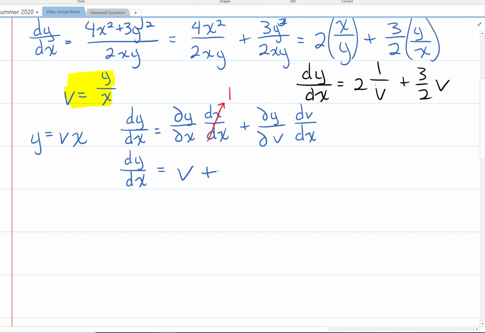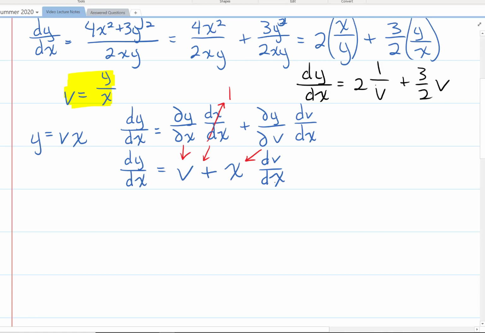Plus the partial of y with respect to v. Now we're treating v as the variable, x is the constant, so it's going to be plus x. Okay, that's the partial. Let me put arrows to these. So that's that. There's a 1 here. That's that. All right. And then the derivative of v with respect to x is just going to stay right there.